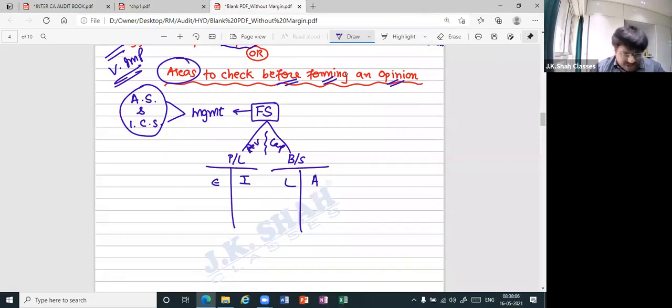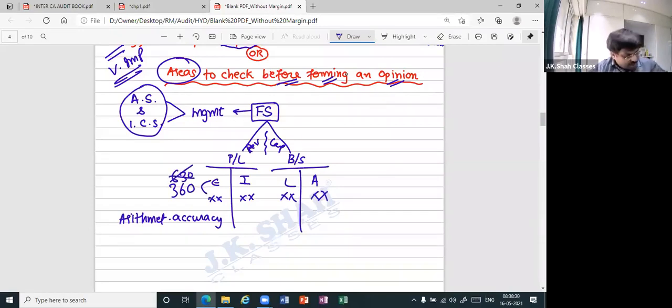So the auditor will check whatever amounts are written, whether they are correct or not. In other words, what the auditor has to check here is the accuracy, known as arithmetical accuracy, whether the numbers written are correct or not. For a simple example, if it is 360 expense, it should be 360. It should not be 630. Then that is not proper. So he has to check arithmetical accuracy of P&L.